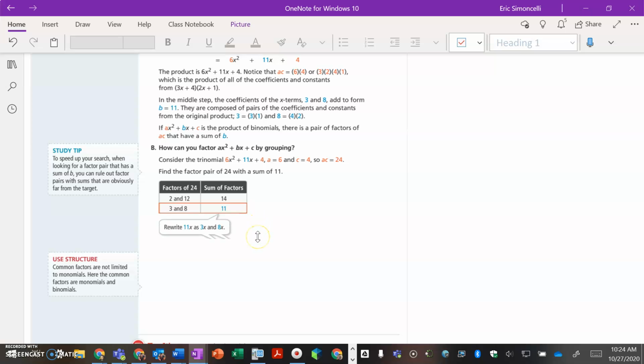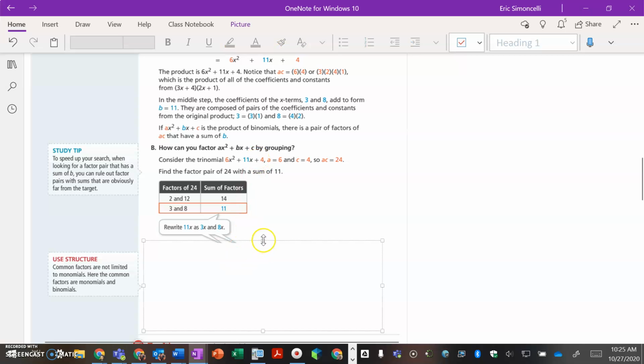Rewrite 11x as 3x and 8x. So here's where the problem gets a little bit more interesting. We have not yet seen a problem where we take the sum using 3 and 8 and attach a variable. By attaching a variable, you're highlighting the idea that 3x plus 8x is 11x, which, if you look back at the original problem, was the middle term, 11x.